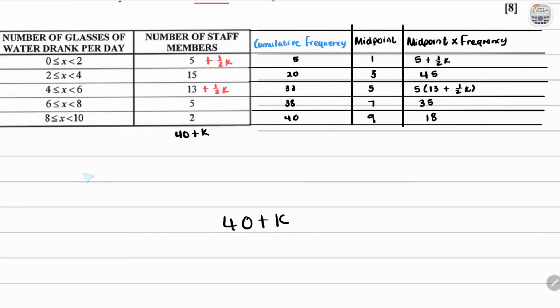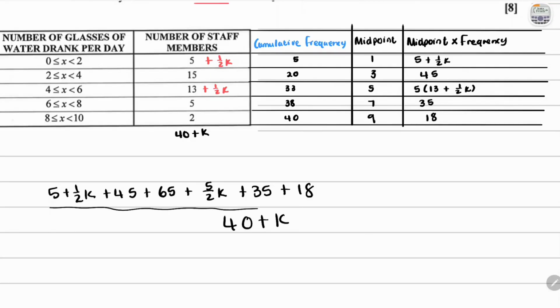So first we have the 5 plus a half k, and then plus 45, and plus the 5 times, we might as well multiply. 5 times 13 is 65. 5 times a half is just 5 over 2k. And then plus 35, and then plus 18. And this goes all over the total frequency, the total number of staff members, including the k missing staff members.